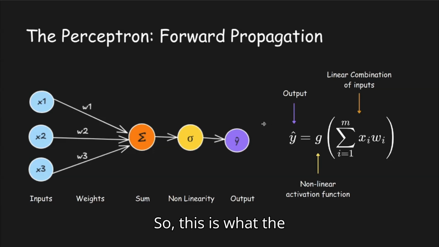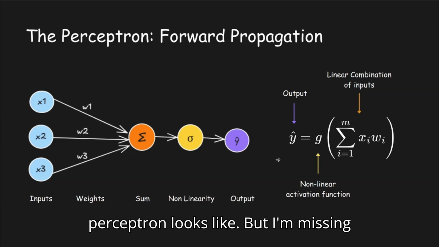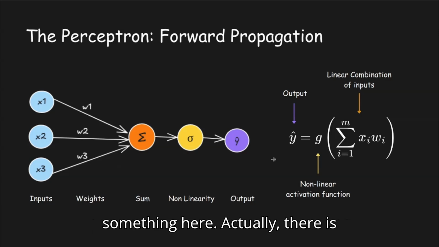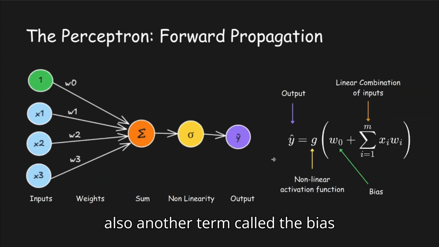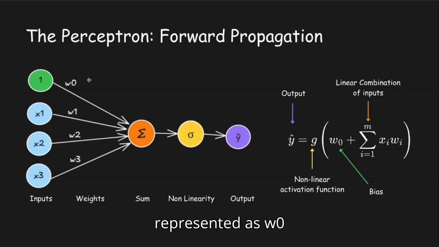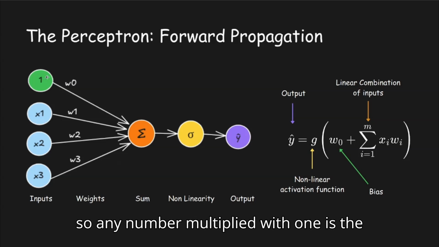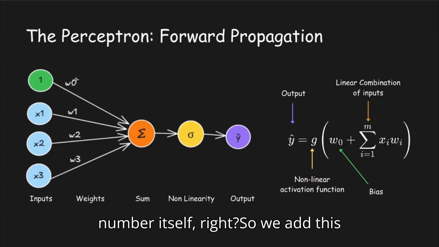So this is what the perceptron looks like, but I'm missing something here. There is also another term called the bias term. This bias term is represented as W0, and we multiply it with 1. Any number multiplied with 1 is the number itself, right?